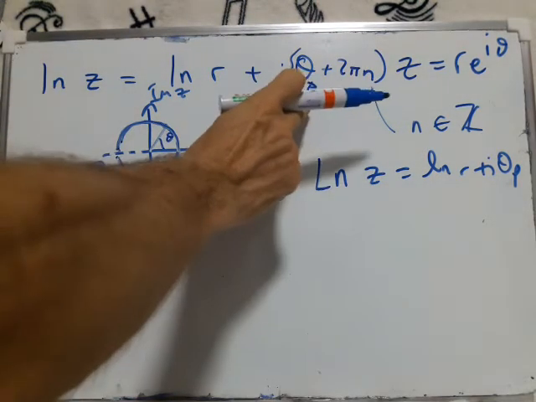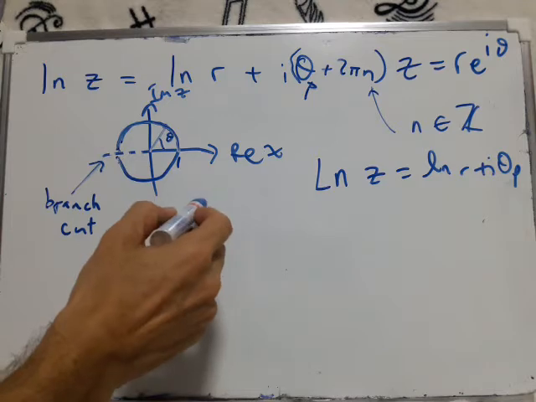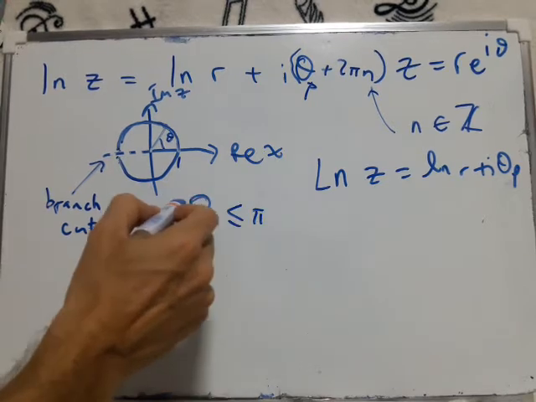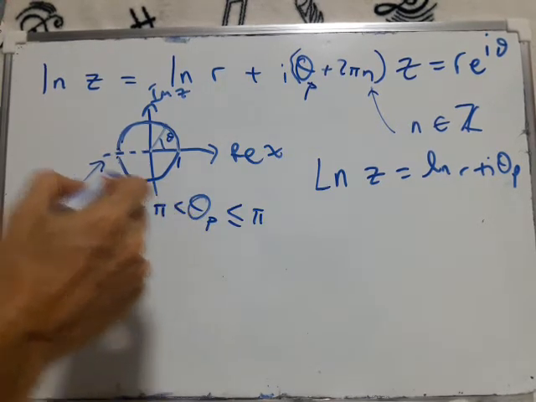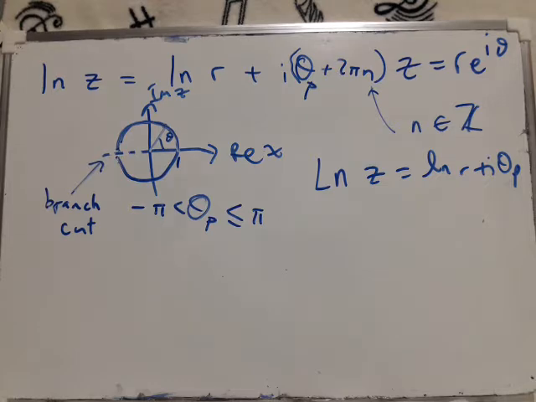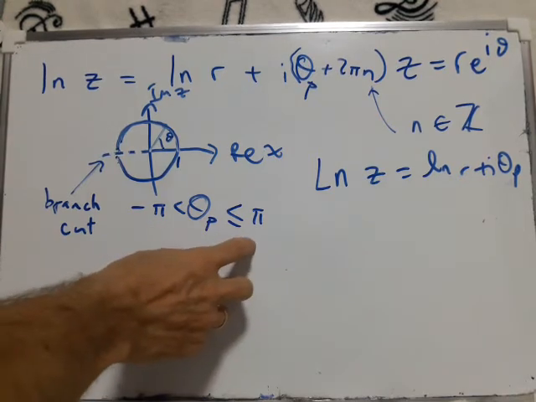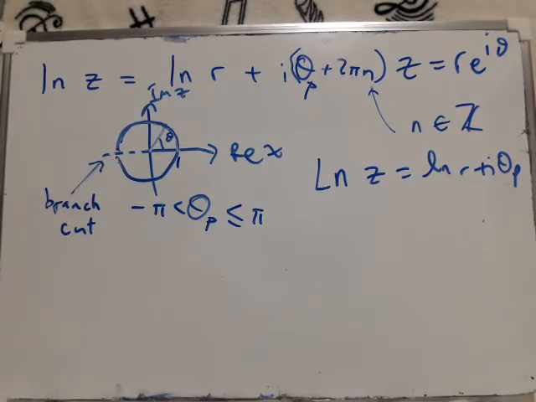You see, with theta p, the principal argument, we define it to lie between pi and minus pi. But we can actually choose to say, well, actually, I want the theta in my log function to not vary between pi and minus pi. I can choose to make the theta in my branch of the log function vary between any values separated by 2 pi that I like.